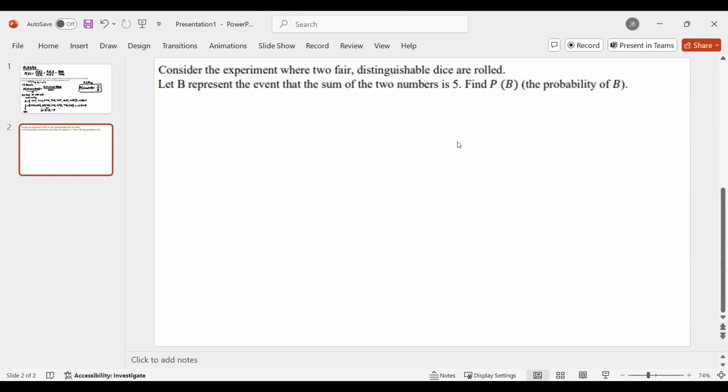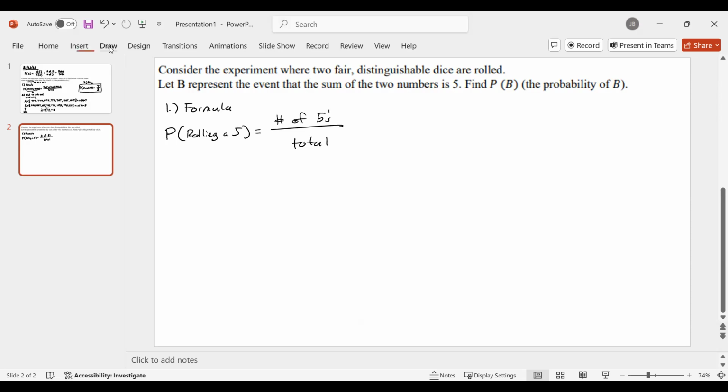Okay. So step 1 is, what's your formula? Well, the probability of rolling a 5 is equal to the number of 5s over the total.